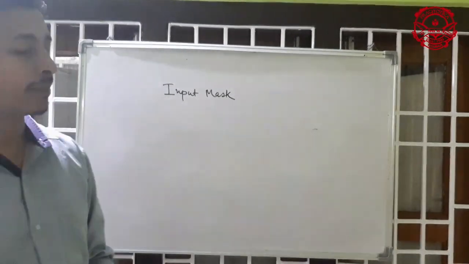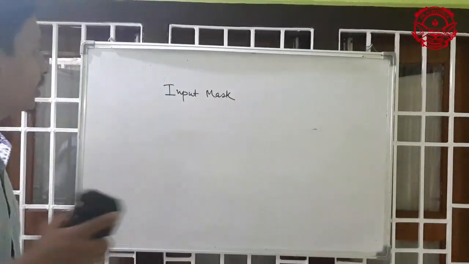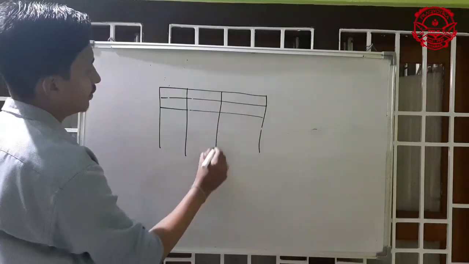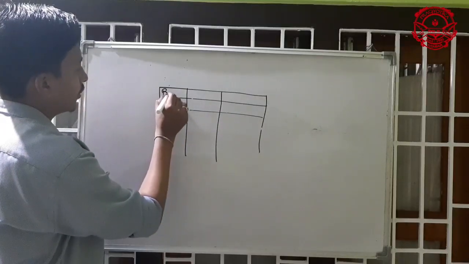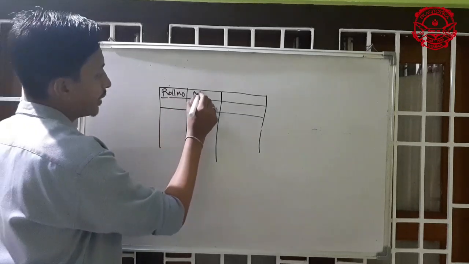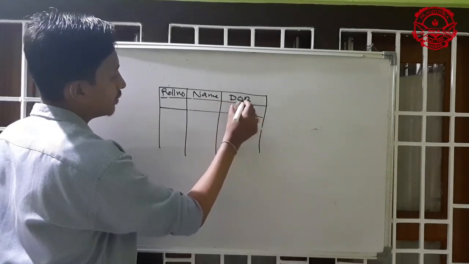Okay, let's take an example. Roll number, name, date of birth.